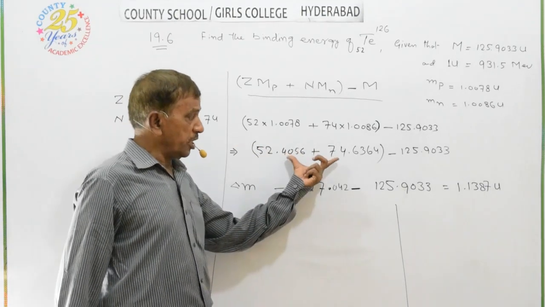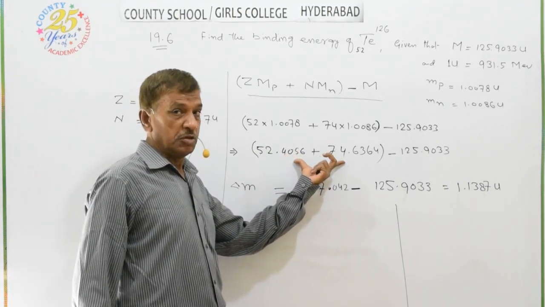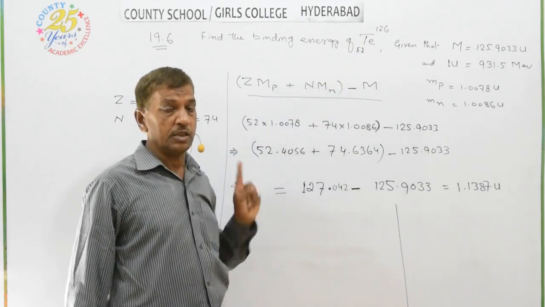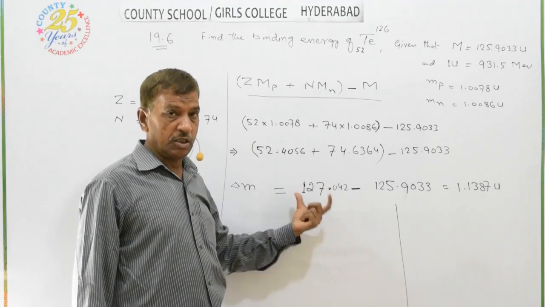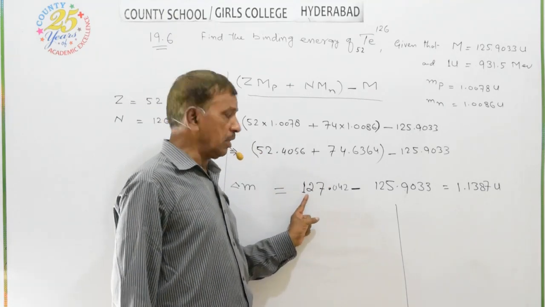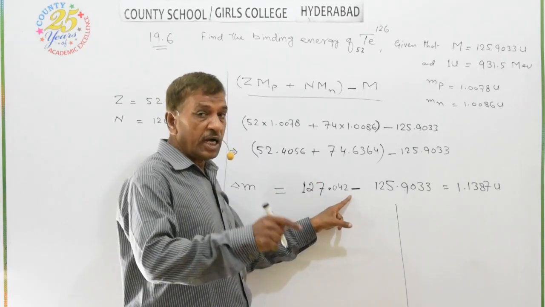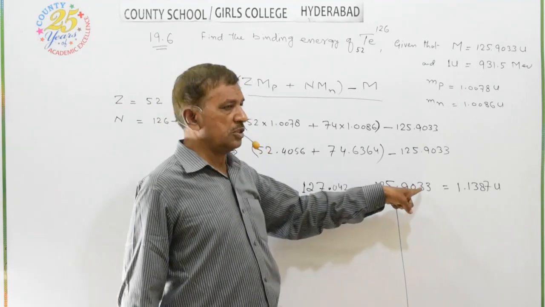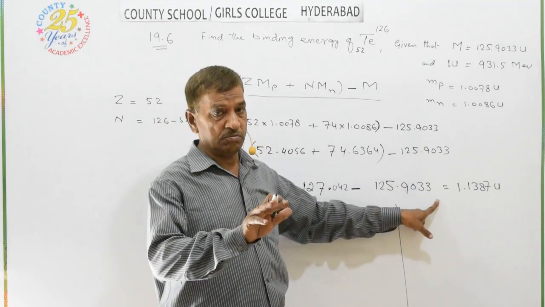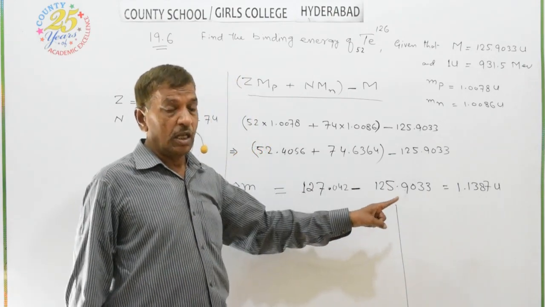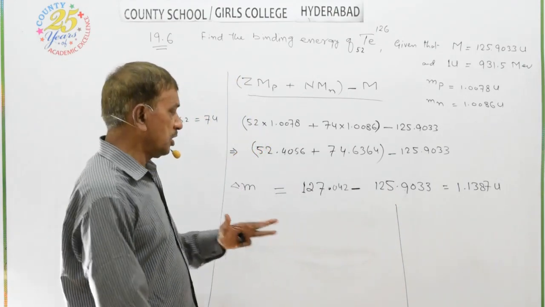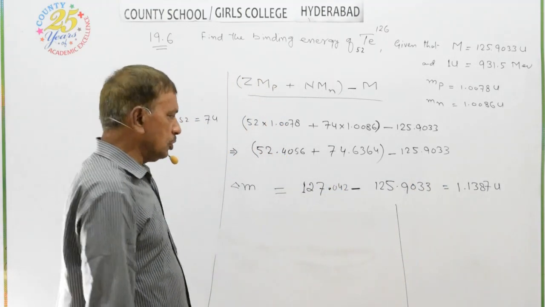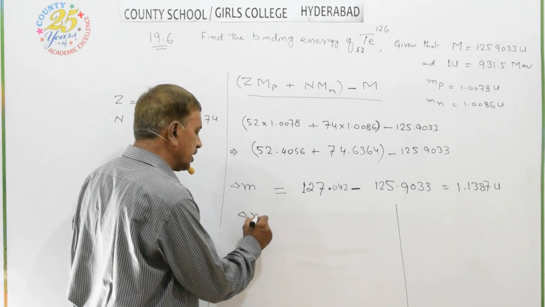This is the total mass of nucleons of tellurium. There are 126 nucleons, 52 are protons, 74 are neutrons, and the total mass of 126 nucleons is 127.042. But the mass of tellurium as given in the periodic table is 125.9033. So there is a deficit between these two masses, and that mass deficit is 1.1387 U.